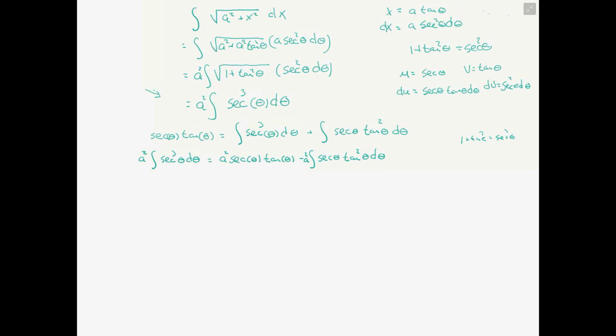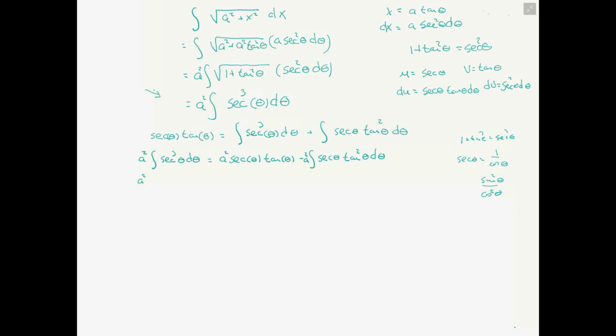So if we have secant theta equals 1 over the cosine of theta, and tangent squared is sine squared theta over cosine squared theta.